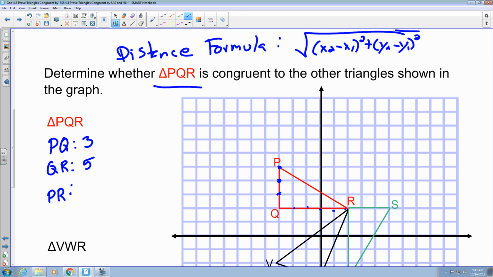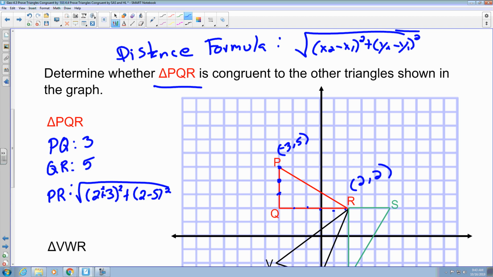So we've got to find the coordinates. P is at 3, comma 5, and R is at negative 3, comma 2. So using the distance formula, I get 2 minus negative 3 quantity squared plus 2 minus 5 quantity squared.